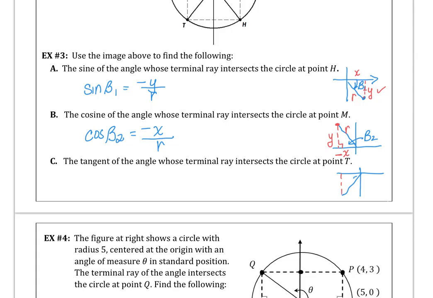Our angle, we're going to call this one beta sub 3, and we're moving left on x and down on y, and the hypotenuse is r. So the tangent of angle beta sub 3 is negative y divided by negative x, or a positive over a positive in that case.